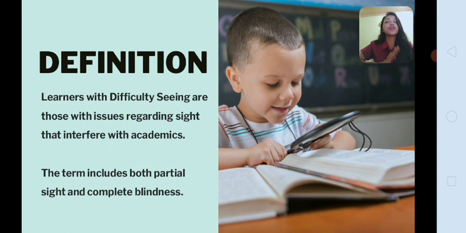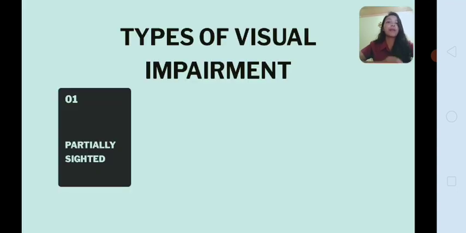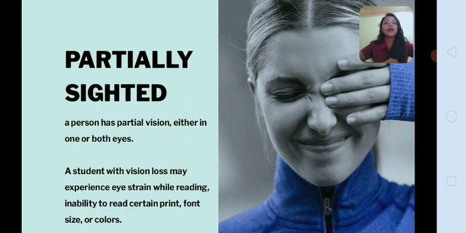To know the types of visual impairment, we have here the partially sighted. When we say partially sighted, it refers to a person that has partial vision either in one or both eyes.